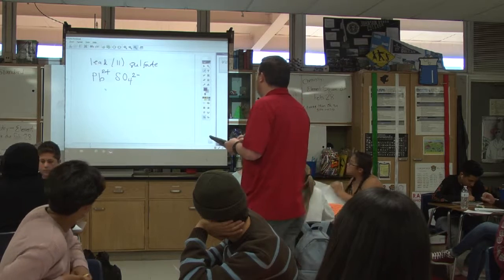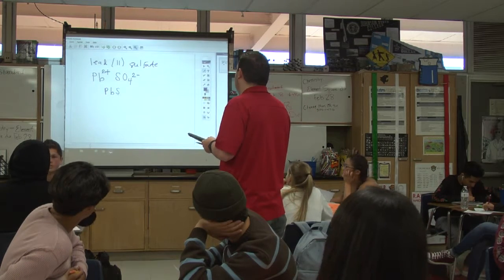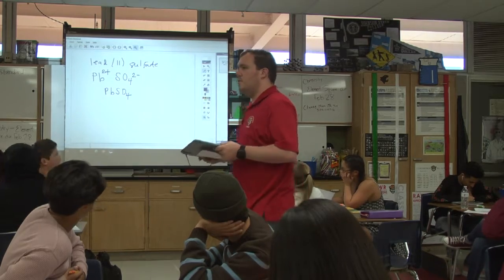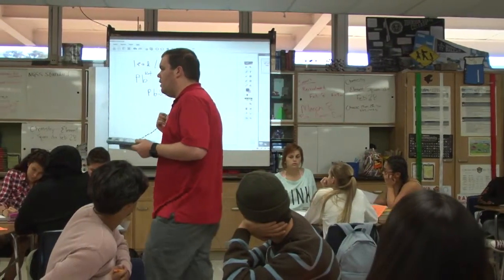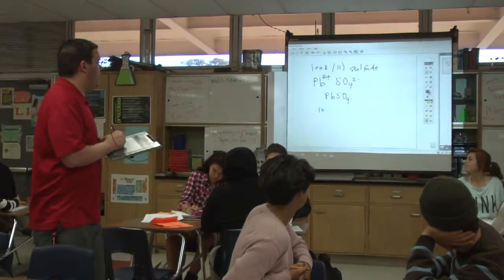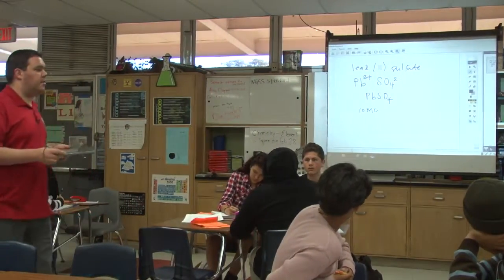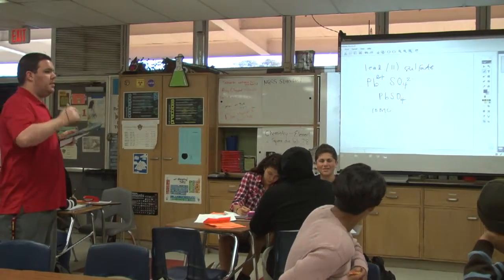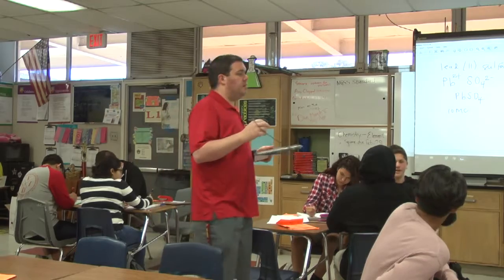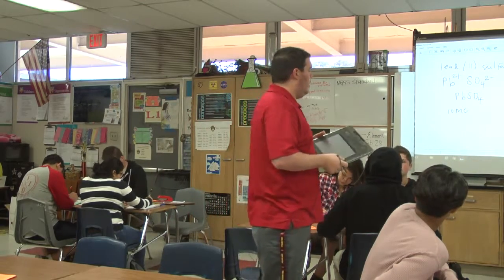So what's going to happen? They cancel each other out, so we have PB, SO4. Is this ionic or is this covalent? Ionic, right? Covalent requires what? 2 nonmetals and then prefixes. So if I don't see di, tri, mono, all right?